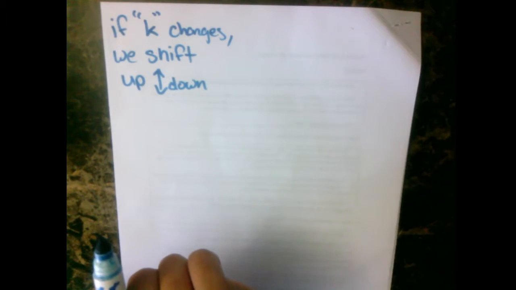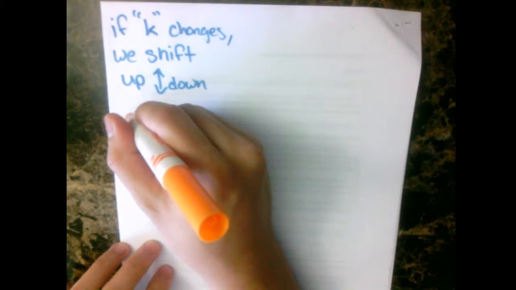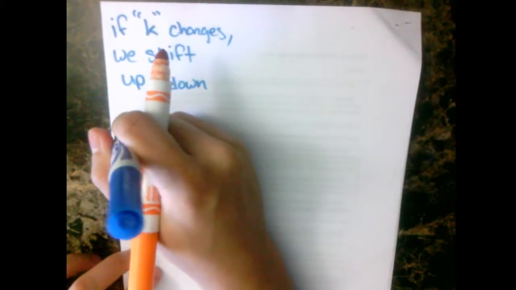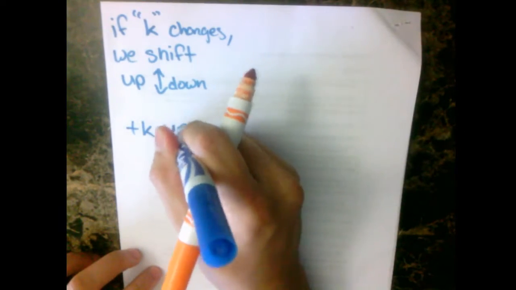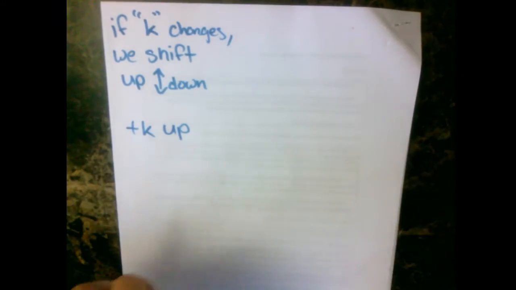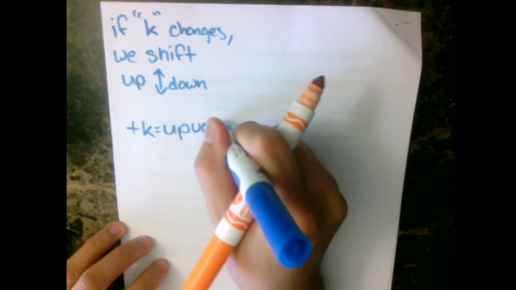Alright, let's see. I'll go ahead and highlight these in different colors again. This one is going to be exactly what you'd think. So a positive k would be shifting upward.